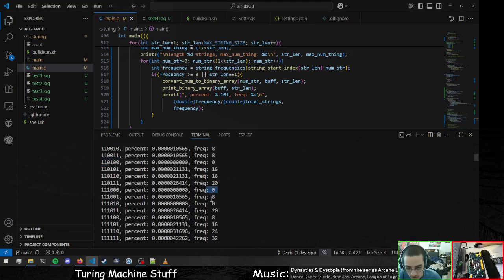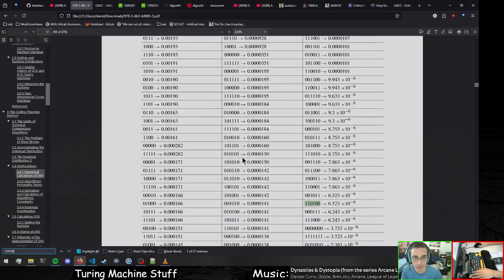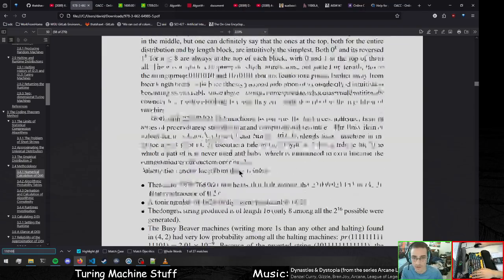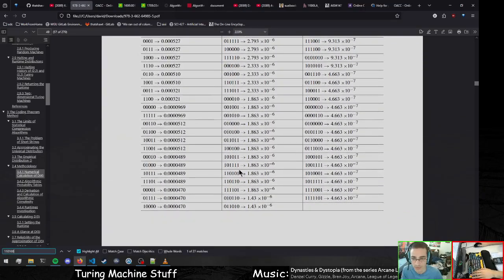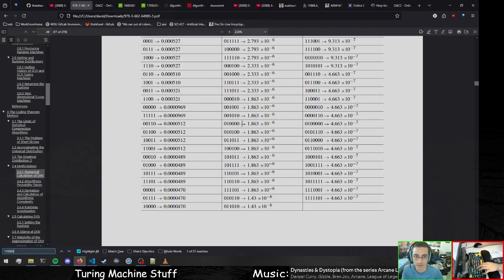Alright, so I didn't get that one, I didn't get this one or this one. So what is this? 110100. Yes, that is from D4. It is not in D3. This is good evidence for us that we coded this correctly.